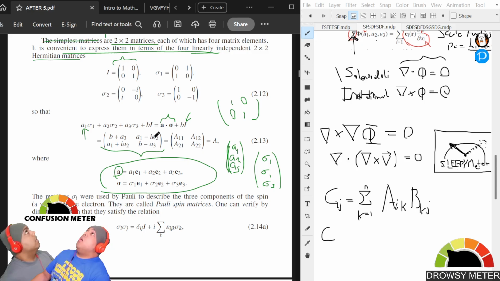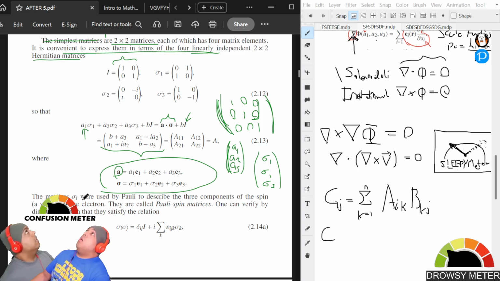Well, I could also be this. Maybe that's the thing. I is this guy. Maybe. The matrices rho I were used by Pauli to describe the three components of the spin of the electron, and the spin is a vector.